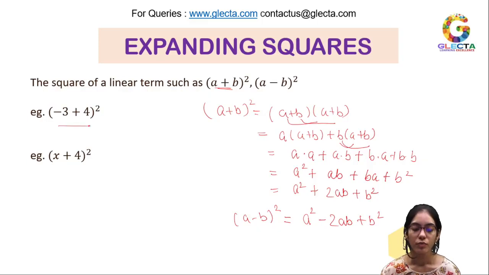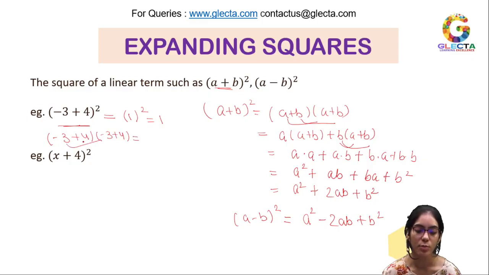So now if we are solving this, we can just subtract. Minus 3 plus 4 will be 1, square will be 1. If we are solving it by expanding, minus 3 plus 4 into minus 3 plus 4. So then we'll multiply minus 3 with this bracket and then 4 with this bracket. So it will be minus 3 into minus 3 plus 4 into minus 3 plus 4.